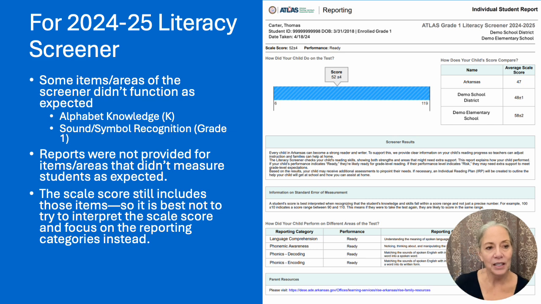So the scale score includes some of those items that were clunky and didn't function well. So ignore the scale score. For literacy, your child's potential risk or readiness was determined by the reporting categories and whether or not they demonstrated readiness at each of these reporting categories. So that's near the bottom of the report, and that's what you would be paying attention to.